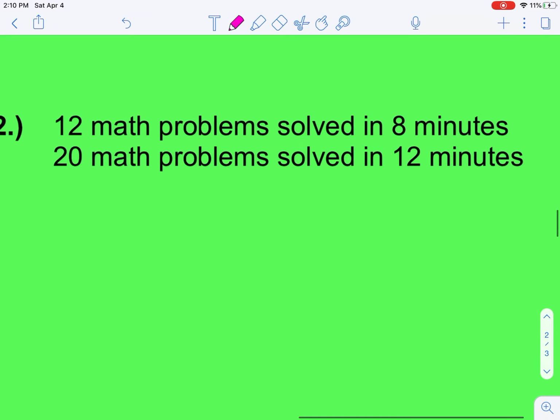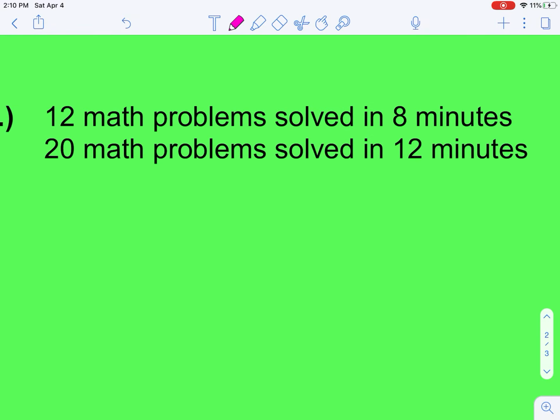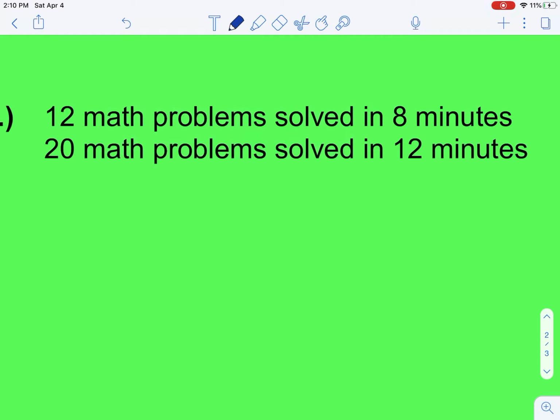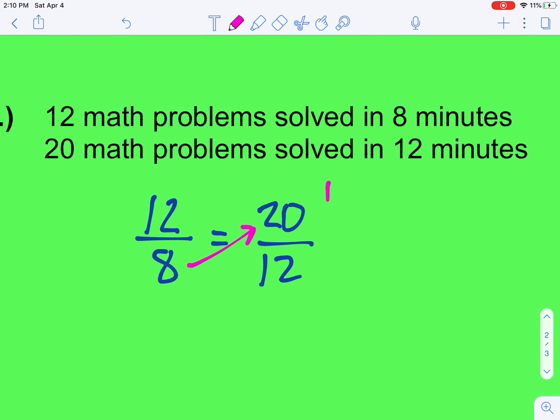Number 2. I have 12 math problems solved in 8 minutes and 20 math problems solved in 12 minutes. Again, I'm going to do the cross multiplying way. The first one I have is 12 math problems in 8 minutes, and I want to know if that's the same as 20 math problems in 12 minutes. So I'm going to cross multiply. 8 times 20 is 160, and 12 times 12 is 144.